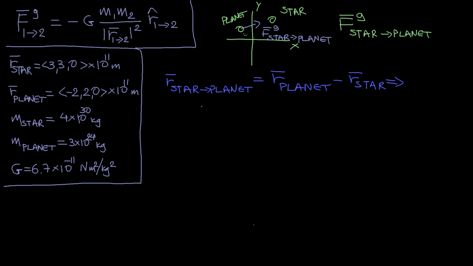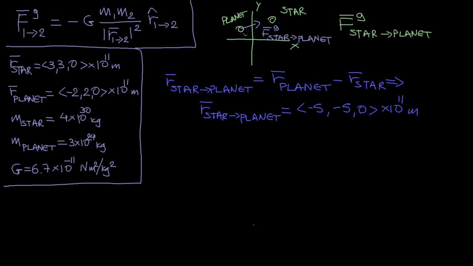Now we have the two position vectors here, and if you plug in the numbers and do the calculations, you will find that the position from the star on the planet is equal to minus 5.0 times 10 to the 11th meters.